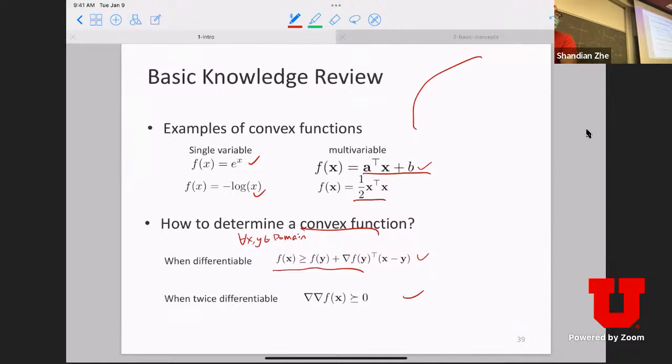So what does that mean? If you draw a convex function, suppose this is your input position y, what does the right hand side mean? Yes, it's a tangent line.